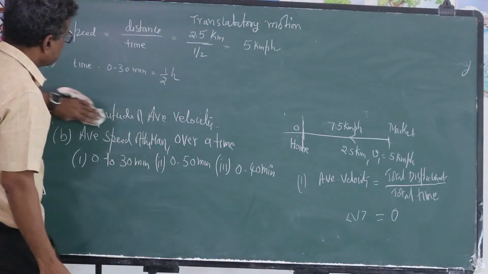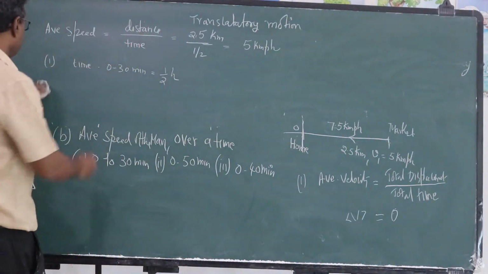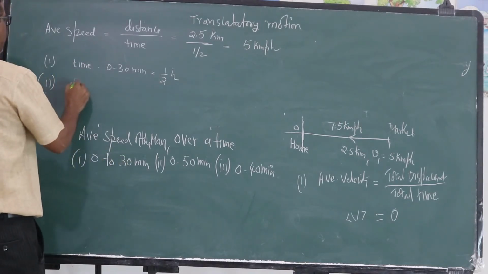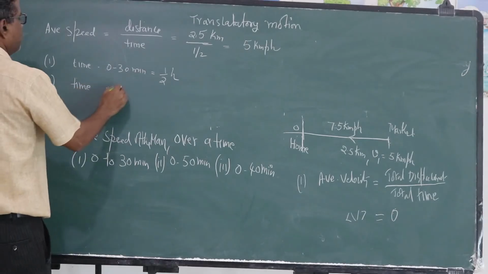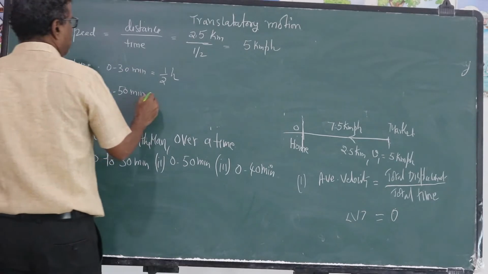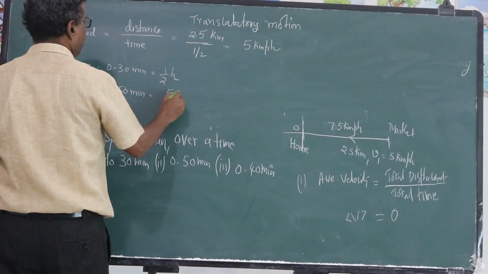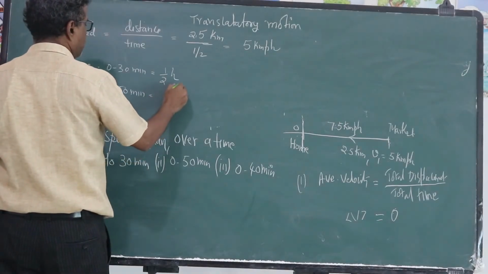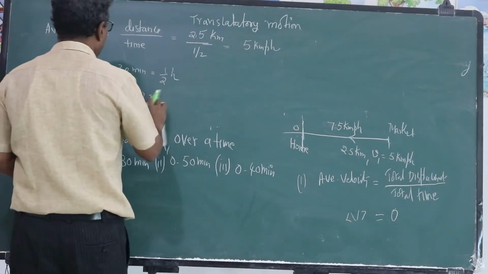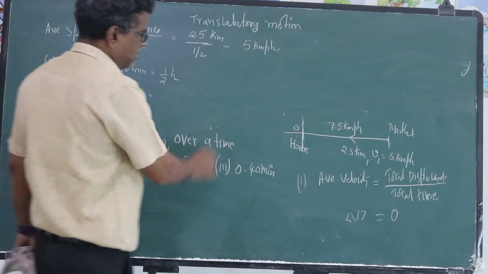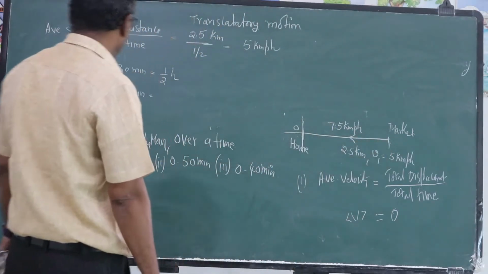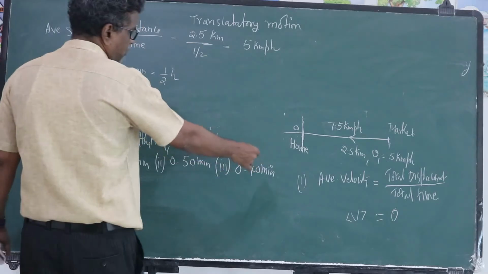Next, during the time interval 0 to 50 minutes. So 0 to 50, how many hours? 50 by 60. For going half an hour, that is 30 minutes, he travels 2.5 kilometers.